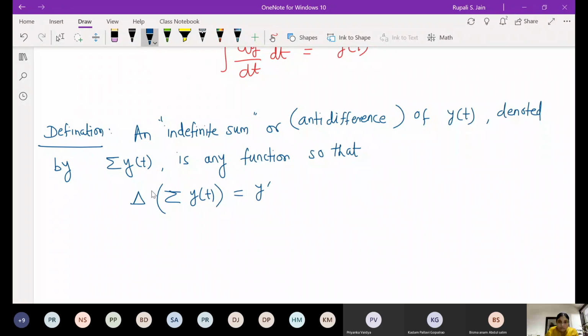It should be for all t in the domain of y.